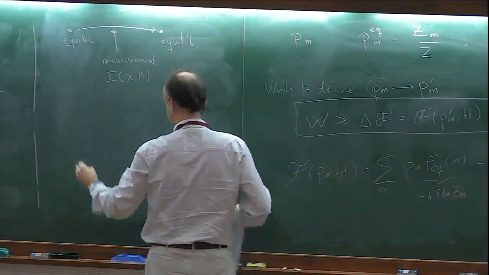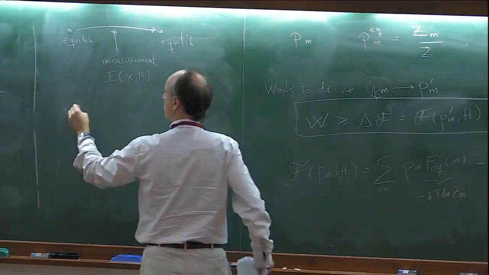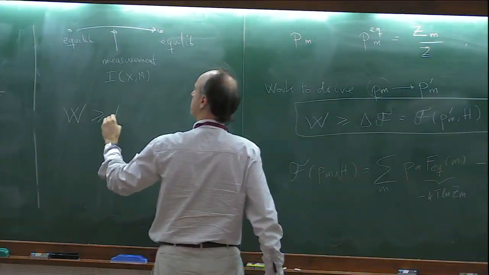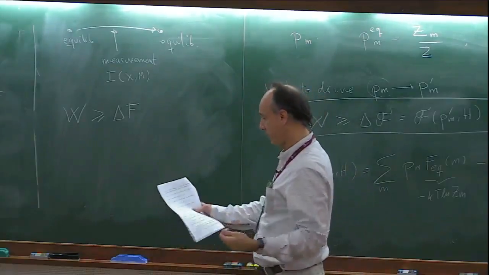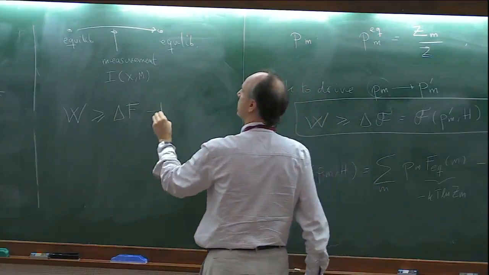It tells you that work is bigger than delta F. This is the normal second law, and with information I have to add now kTI.